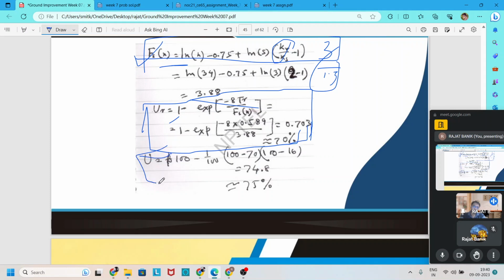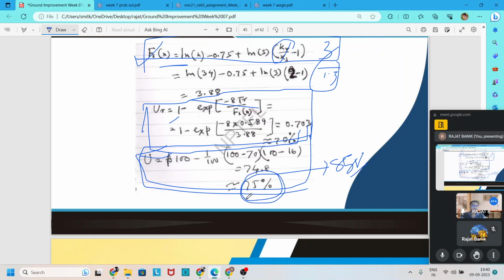Also the combined degree of consolidation is reduced, which was previously found to be 85%, and here it is found to be 75%. So you clearly see that when you consider the effect of smearing, the degree of consolidation is reduced. By these two formulas, we can easily compare the effect of the smearing zone.